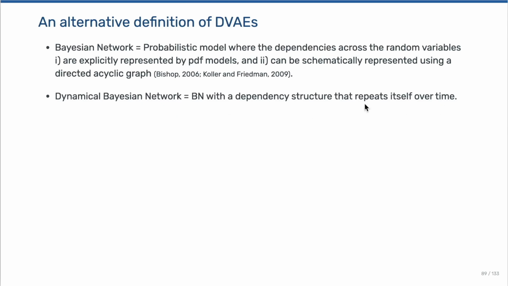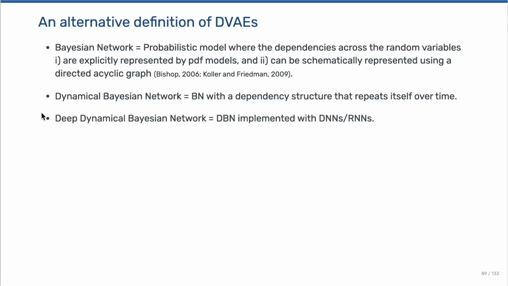Then we can easily define a dynamical Bayesian network, which is a Bayesian network with a dependency structure that repeats itself over time. Basically, this means that a variable x_t would depend on a variable z_t the same way as x_{t-1} would depend on z_{t-1}. Then we can easily define a deep dynamical Bayesian network, which is a dynamical Bayesian network implemented with DNNs and RNNs.